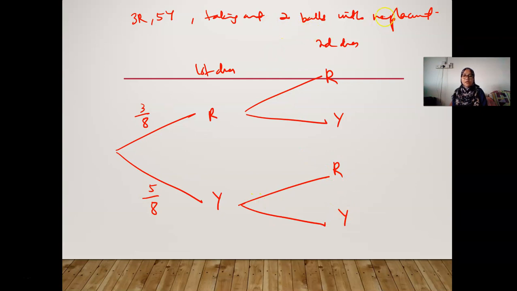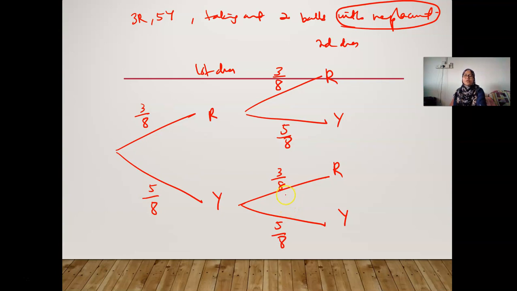Here, since we are saying that with replacement, when you pick up red color from the first row, you put it back. So what happened to your second probability when you are taking red? It is the same, 3/8. This one also 5/8. This one will be 3/8. This one also 5/8. It will be like this.